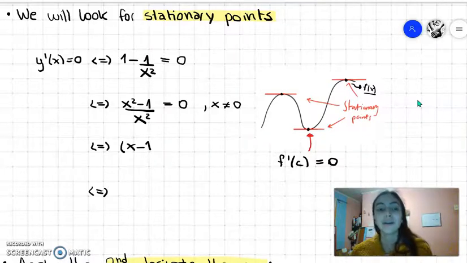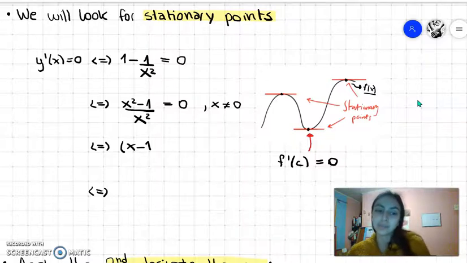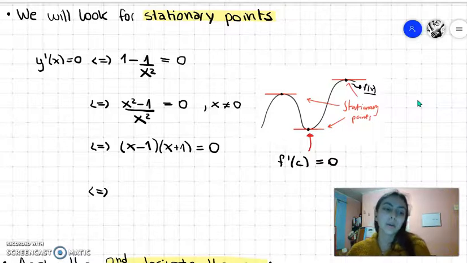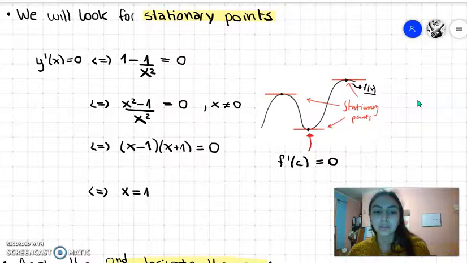It's not known what a division by 0 represents. So it only happens if the numerator, which we're going to factorize here, equals 0. So it happens if and only if x equals 1 or x equals minus 1.